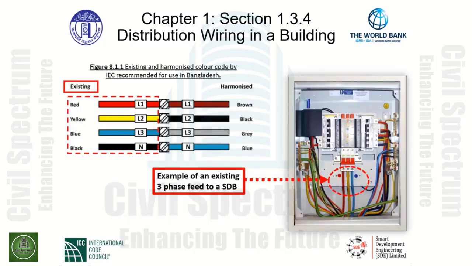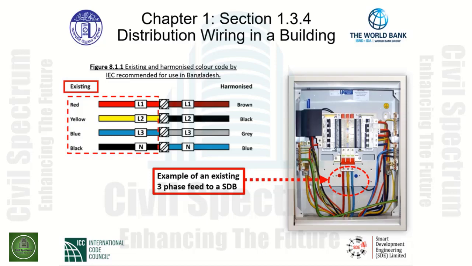As an example, we have an existing three-phase feed into a sub-distribution board. As the feeder comes in from the bottom into the breaker, which is our overcurrent protection device, notice the colors of the phase conductors. On L1, it's a red color. L2 is yellow, and L3 is blue.